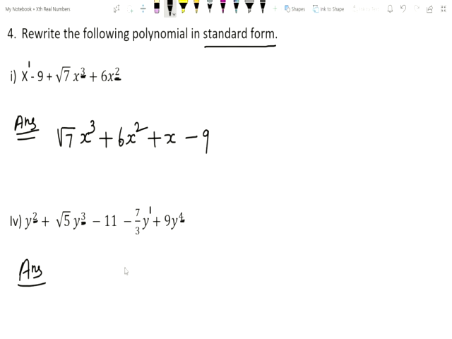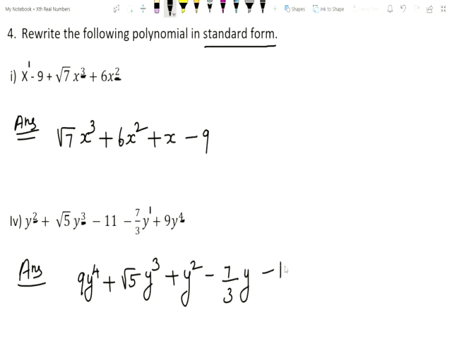First you write 9 y power 4. Next power 3, so plus root 5 y cube. Next plus y square. Next y, along with the sign you have to take, minus 7 by 3 y, minus 11. Do you understand, children?